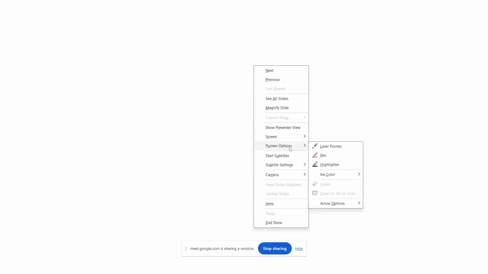Let me draw a specimen. Suppose this is your specimen and these are your different points.